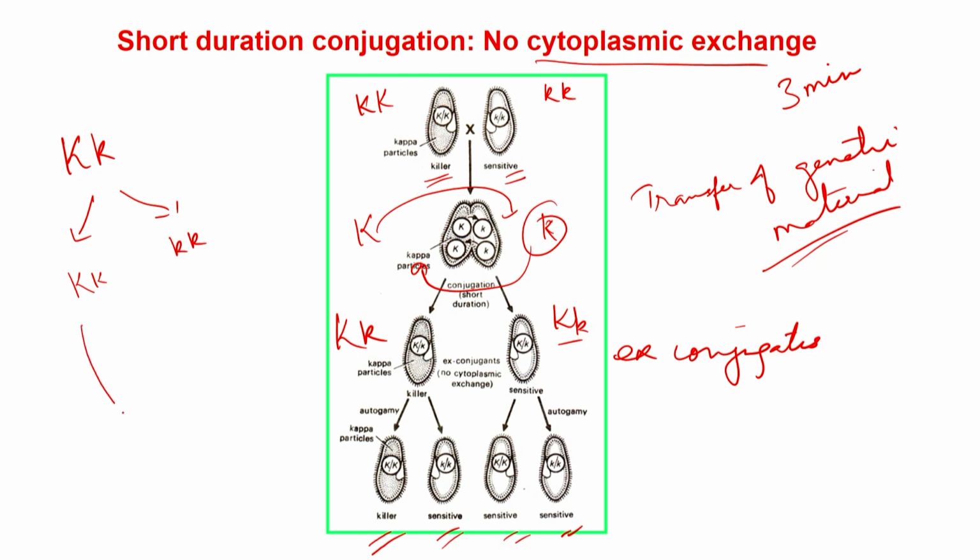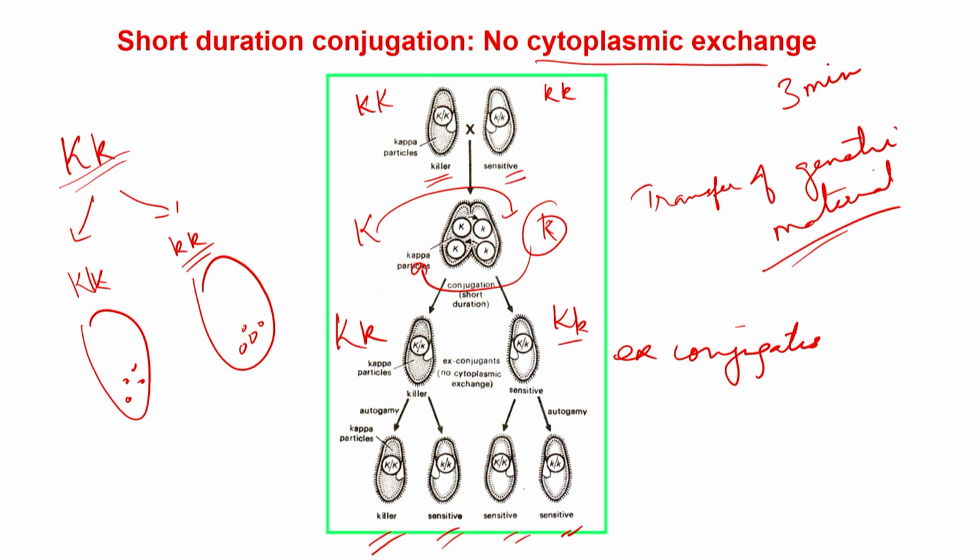Now, though they had kappa particles, because they do not have a dominant allele, they remain as sensitive. So, this is very important for you to understand that when the cell divides, the alleles capital K and small k separate. When they separate, they will replicate.